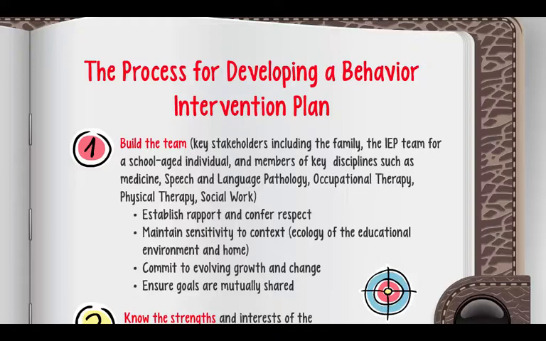Your BCBA will not do this unilaterally. They will not do it without input, and they certainly won't do it without the input from the family. All these key stakeholders need to be involved in the process of developing the behavior intervention plan.